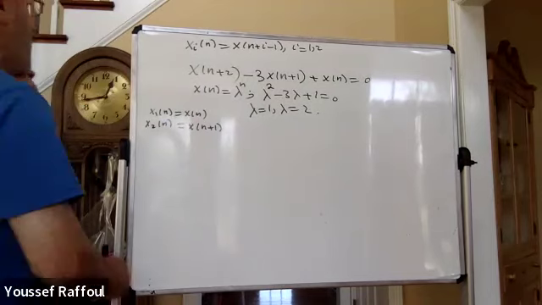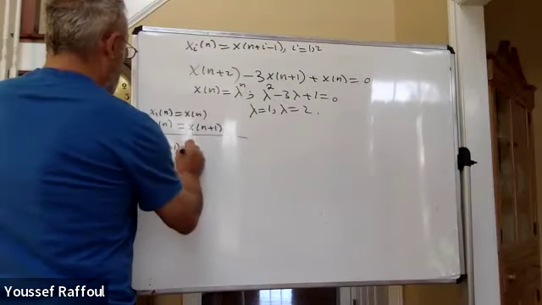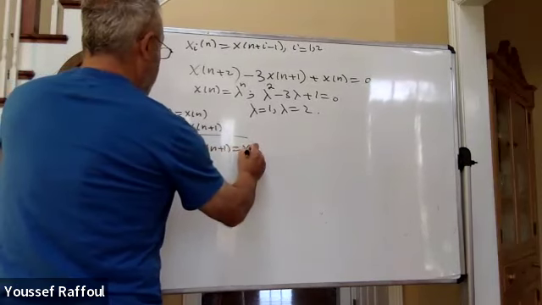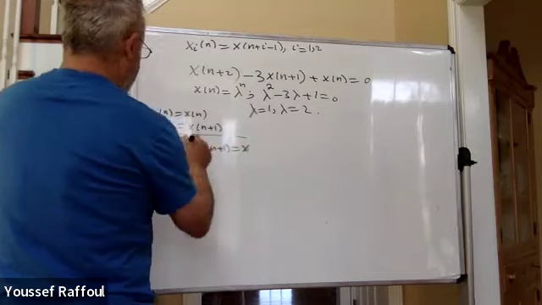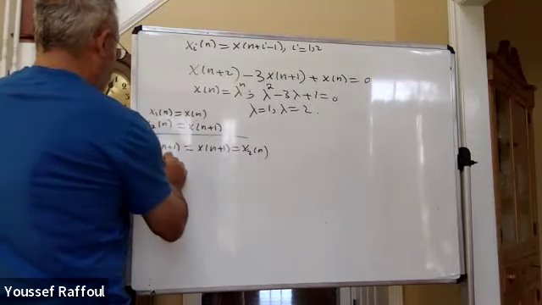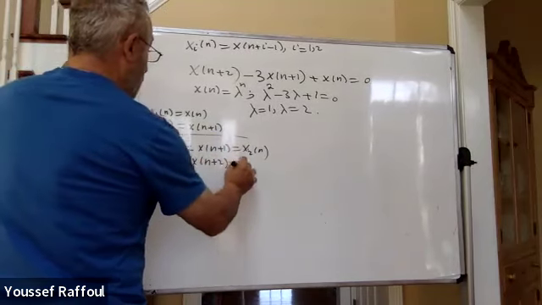So now x1 of n plus 1 equals x of n plus 1, which equals x2 of n, and x2 of n plus 1 equals x of n plus 2.